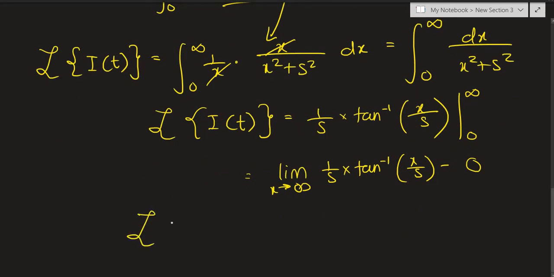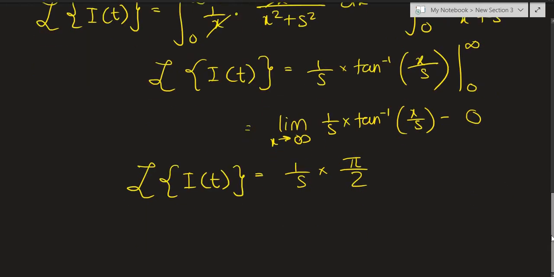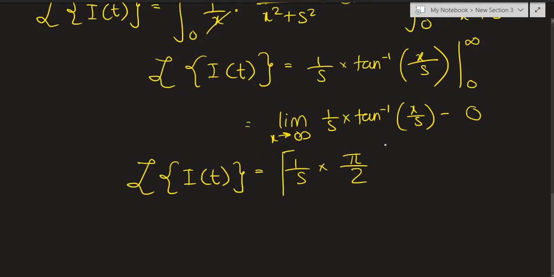So this is going to finally evaluate to the Laplace transform of I of t being the limit as x approaches infinity of inverse tangent of x over s, which is basically going to tend to inverse tangent of infinity, which is pi over 2. So we have 1 over s times pi over 2. So we nicely obtained a small compact form for our Laplace transform of I of t.